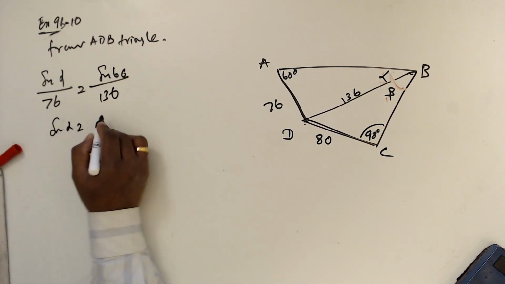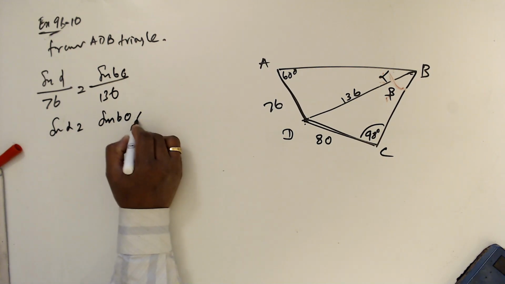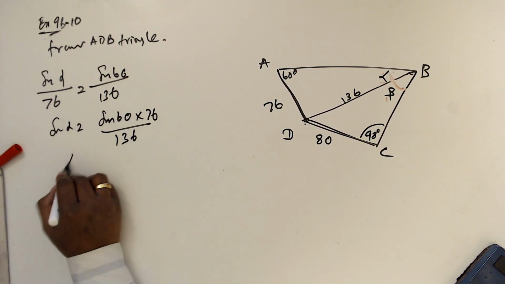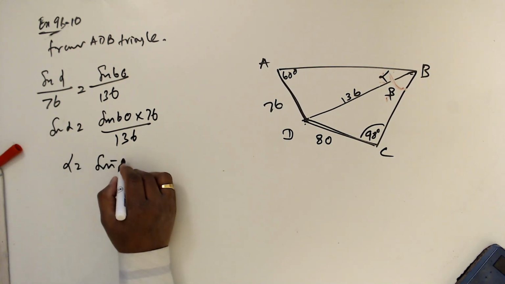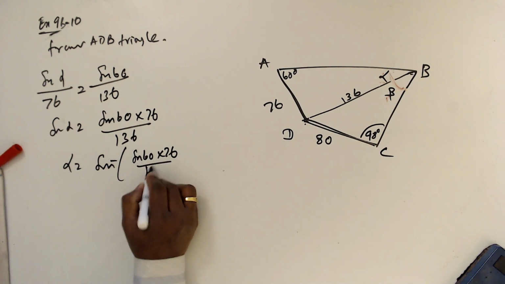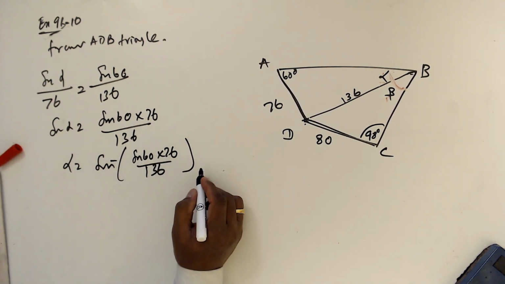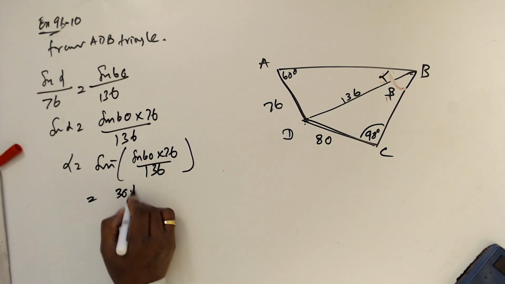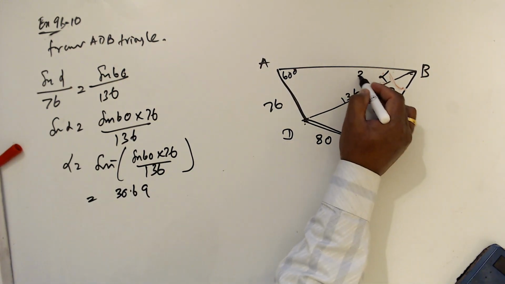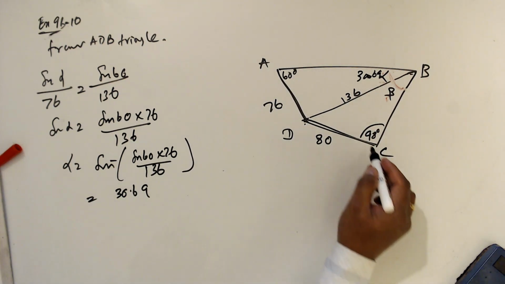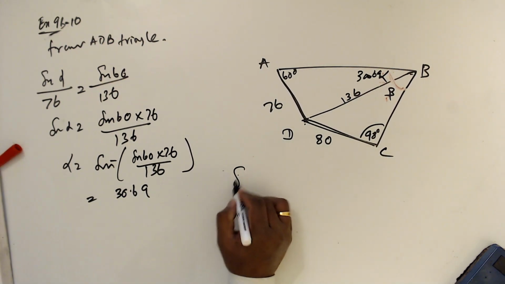Sine alpha equals sine 60 times 76 over 136. Alpha equals sine inverse of sine 60 times 76 over 136. This is going to be 30.69. Now we'll follow the other one.